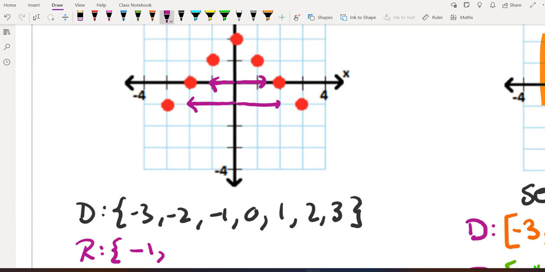Those are at 0. Then we go up to the next set of values. Those are at +1. And the third set is at 2. So when you look at this, your domain has a lot more numbers than your range, and that's fine, because we don't repeat numbers in these lists. And that's it. Okay, so we'll stop right there.